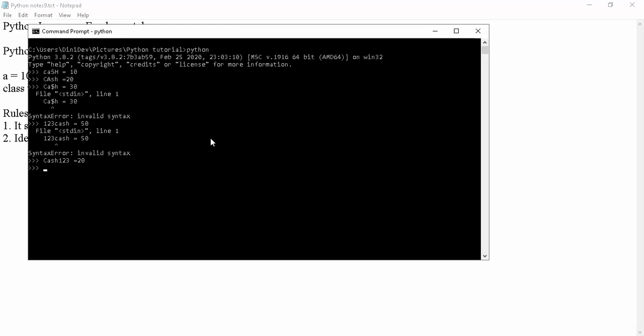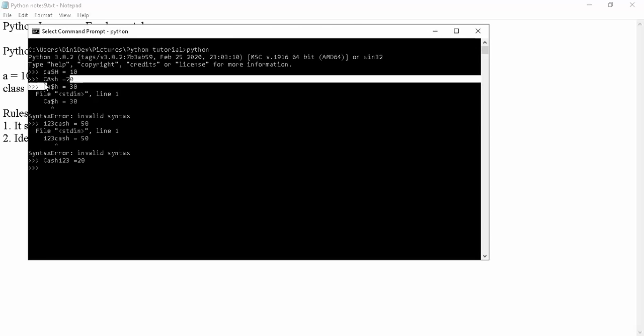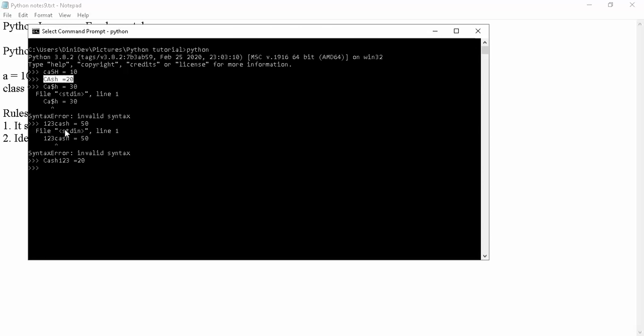And the third rule is case is important, because Python is a case sensitive programming language. So if you check here, cash equal to 10, cash equal to 20, both are the same word cash, but the uppercase letters differ.